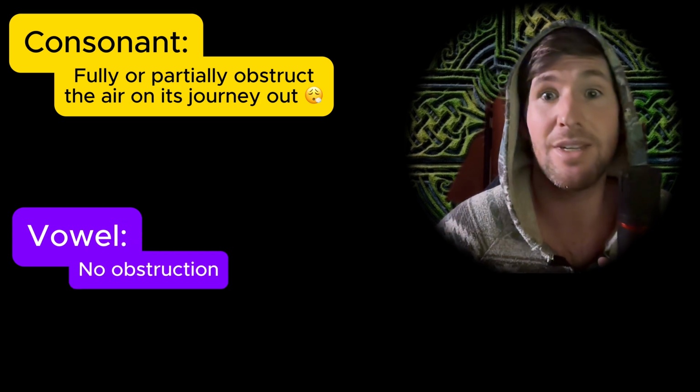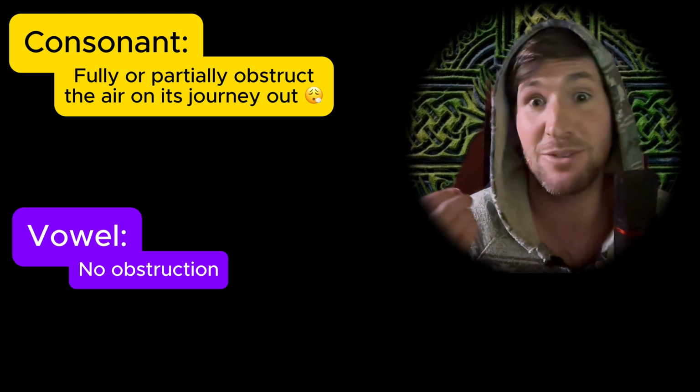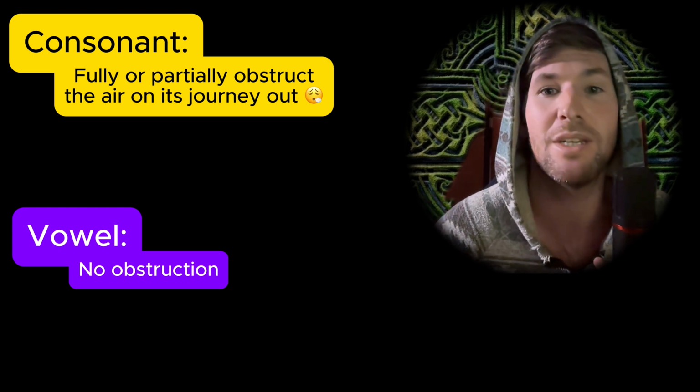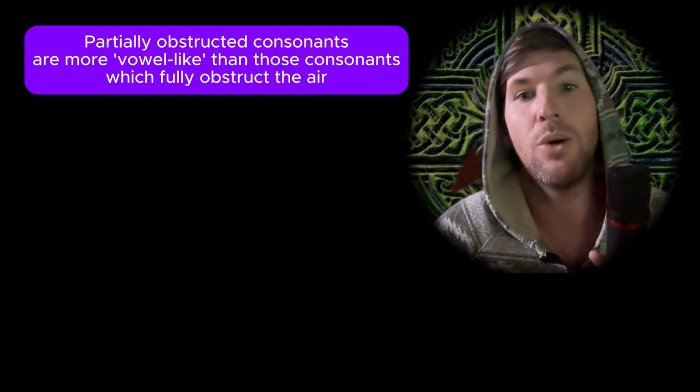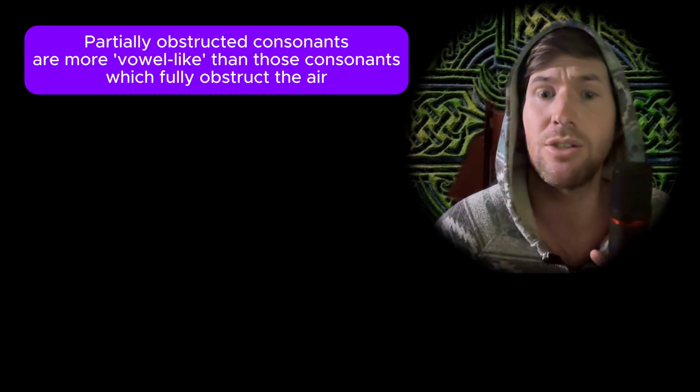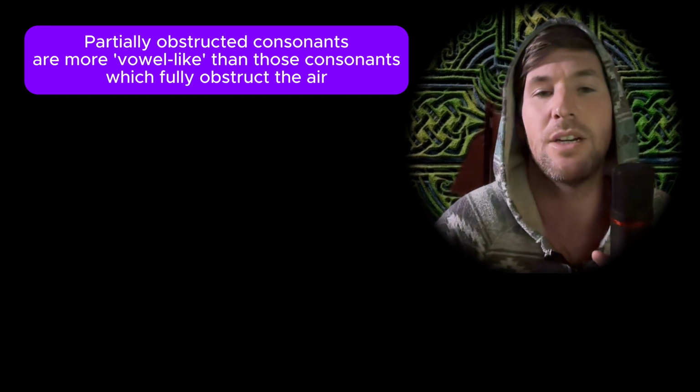So this is crucial, and I think this is what lenition is. This gives us the key to understand intuitively what lenition is. If you think of some of those consonants, like those partially obstructed ones, the technical term doesn't matter, but there's partial obstruction like the S, or the V, or F. You could say they're more vowel-like than the other consonants, like ones that fully obstruct the air.